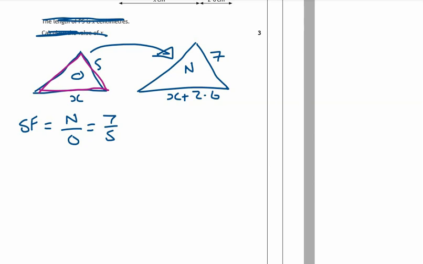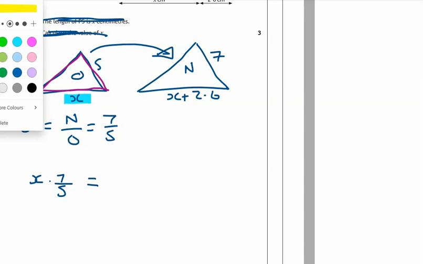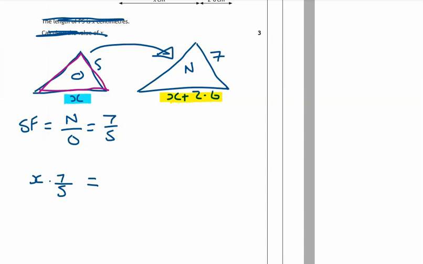So if I've got X on the left here, and I multiply that by 7 over 5, so X times 7 over 5, that's going to equal this, isn't it?